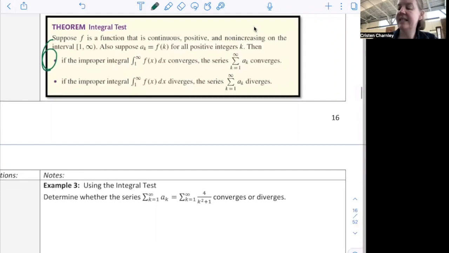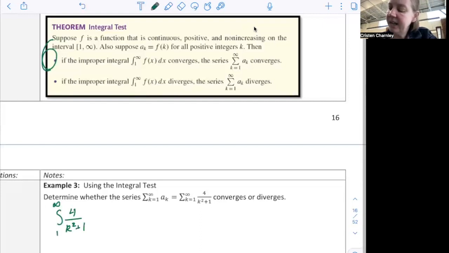What do we do? Example 3, using the integral test. Determine whether the series shown below converges or diverges. So what we're going to do is set this up as an integral from 1 to infinity of 4 over k squared plus 1. I've taken that term of the sequence, the one that's inside the series, and written it as an integral.